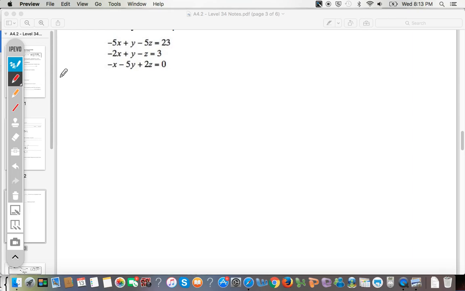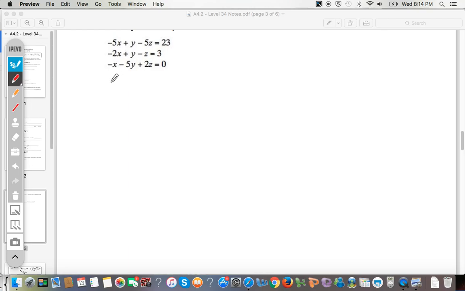So what I'm going to do, first step, I need to pick two equations to cancel or eliminate a variable. So if we look up here, we look at the first equation, we have negative 5x plus y minus 5z equals 23. And the second one we have negative 2x plus y minus z equals 3. Well, I have a positive y right here and a positive y right here. If one of those y's were negative, I would be able to eliminate the y's.